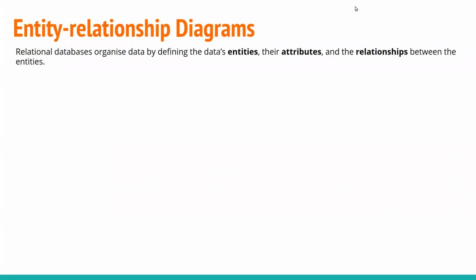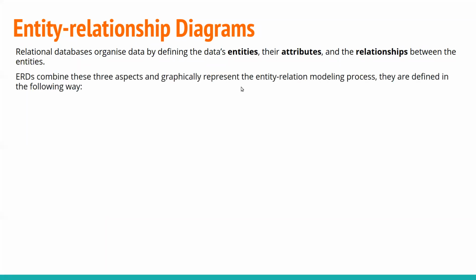So relational databases, as I mentioned earlier, organize their data according to 3 concepts, and they're in bold there, so you can't miss them: entities, attributes, and relationships. Now, if you think back to chapter 2 with object-oriented programming, you'll notice that these are very similar to ideas that we already know about.